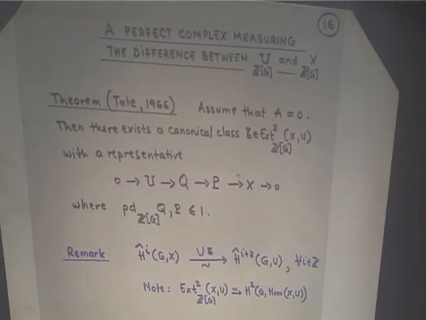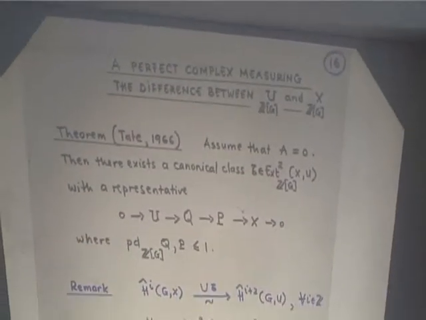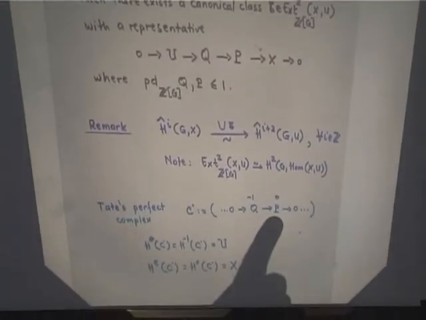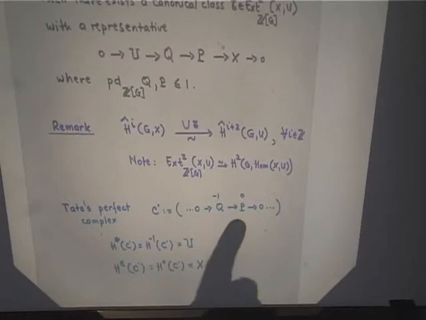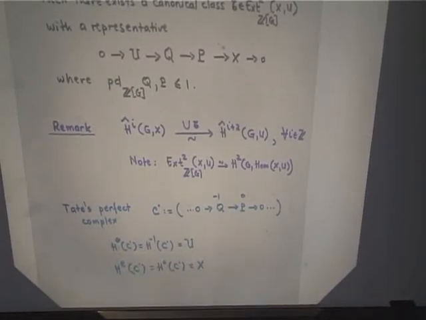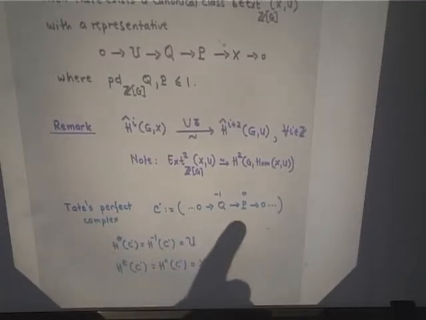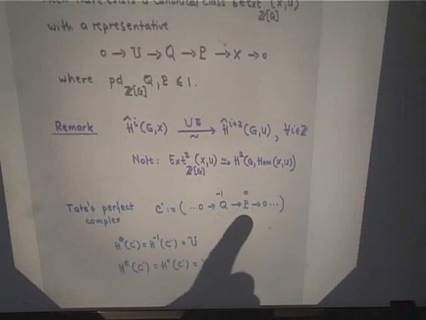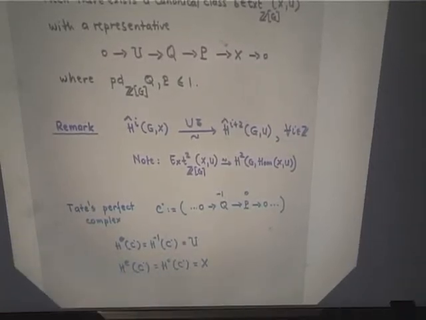Well, automatically, this leads to a perfect complex. The perfect complex is the complex Q goes into P. Q is at level -1, P is at level 0, and I have 0 outside. The projective dimension of Q is less than or equal to 1. The projective dimension of P is less than or equal to 1, so they are perfect modules. The rest is 0, so this is a perfect complex of Z bracket G modules.